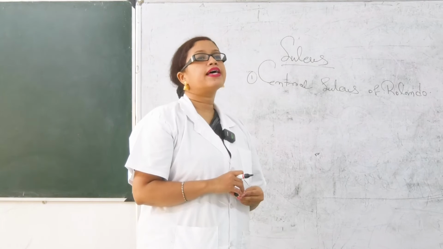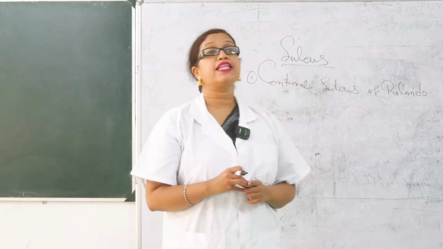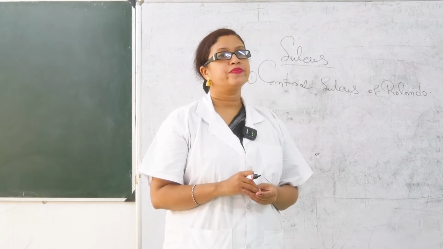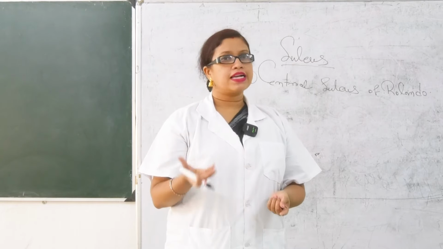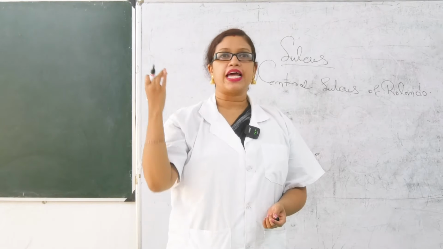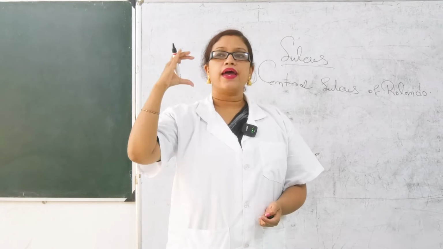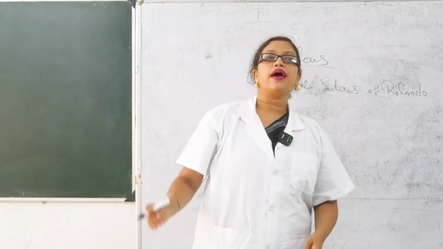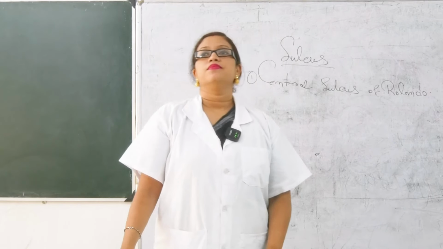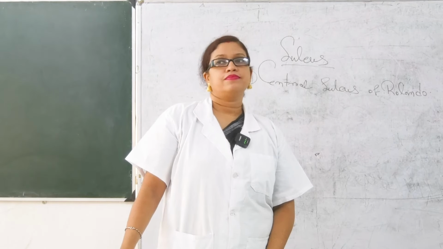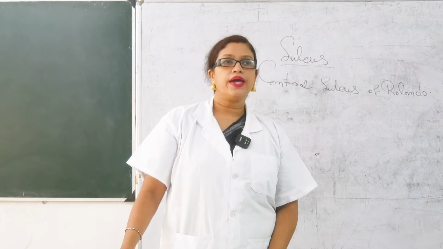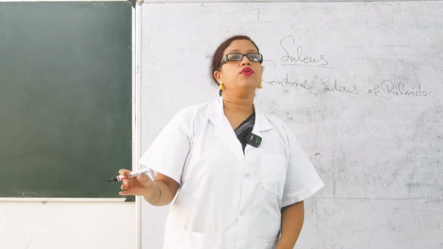Okay, the second sulcus you have to remember is known as the lateral sulcus. So where will you get the lateral sulcus? The name signifies it would be present on the lateral side. Here we are having the temporal lobe, and superiorly we are having the frontal lobe. Okay, so in between that, write it down.